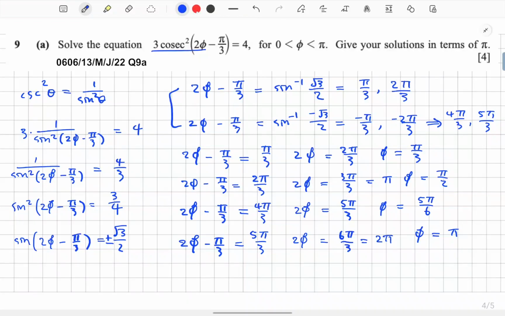But notice that the question tells us that phi is between 0 and pi, and it is not equal to pi. So we cannot have pi as an answer. It is rejected. So our final answers are these 3 values.